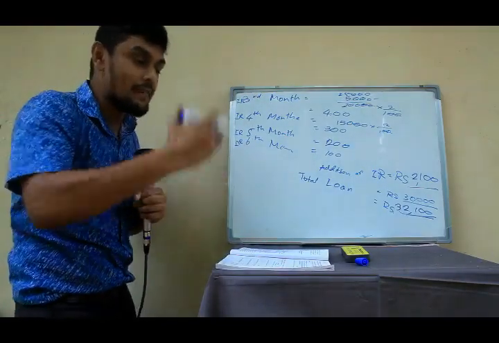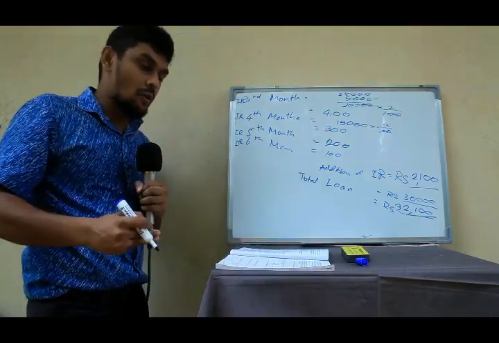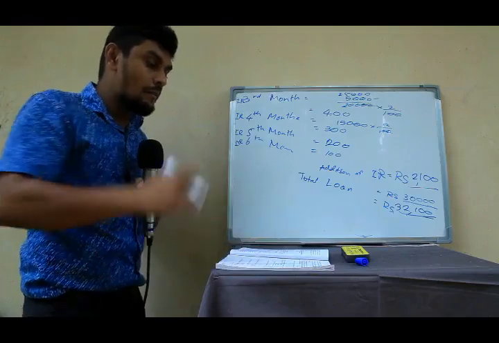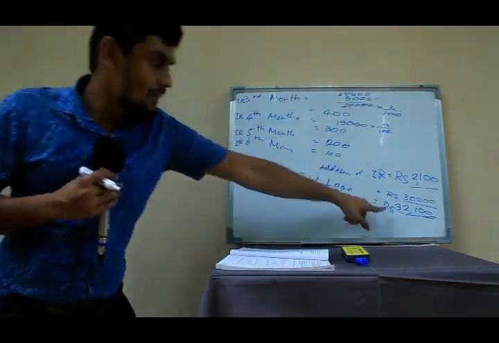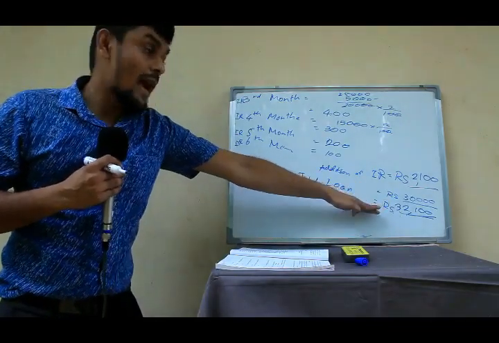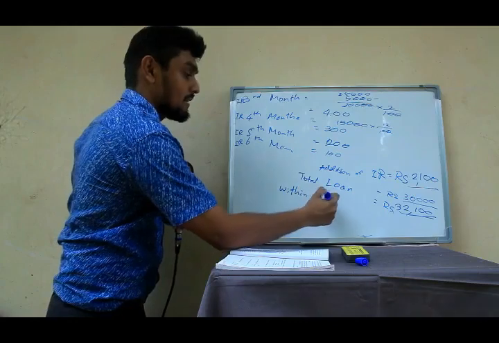They are asking to calculate the value of the monthly installment: 6 equal monthly installments with interest calculated by reducing balance. So here is the total you have to pay within 6 months.